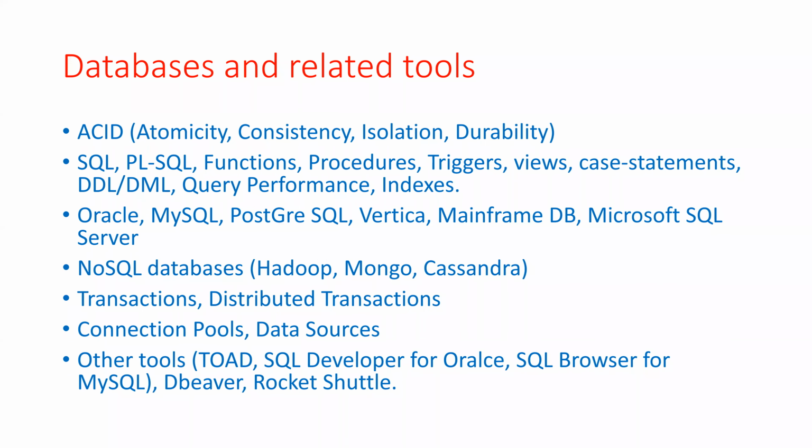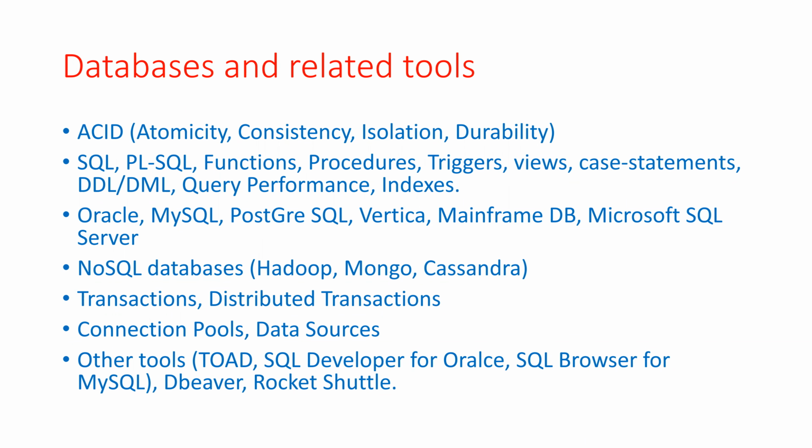And the databases. When you go for an interview as a Java developer, they are going to ask some questions. For example, what is ACID? Many people think, I am a Java developer, why are they asking database related questions?